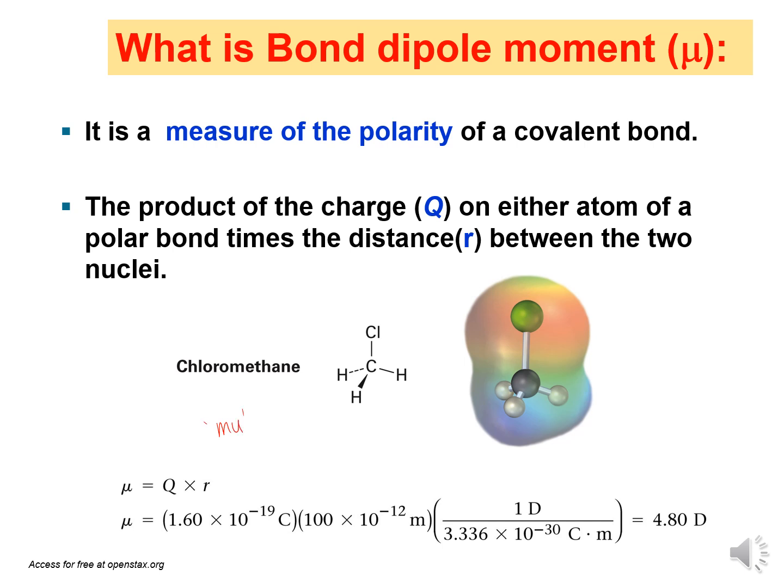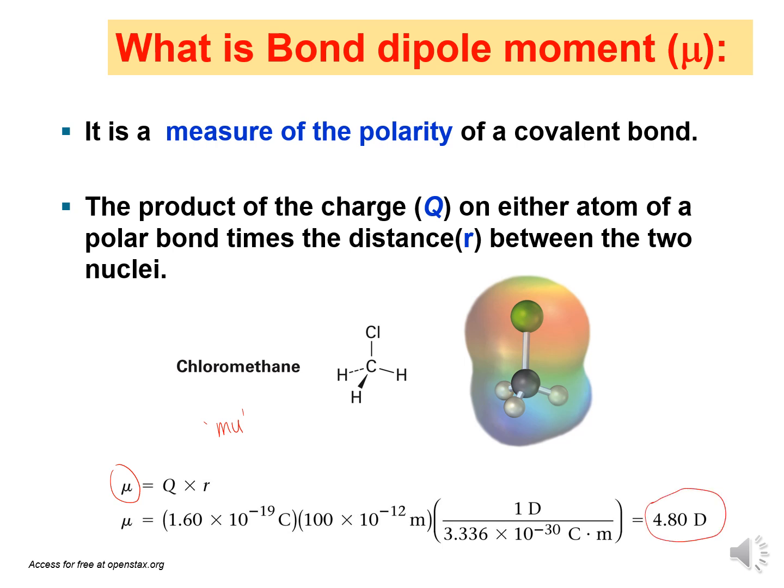It is calculated as the product of the charge Q on either atom of a polar bond times the distance between the two nuclei. You multiply the charge times the distance, and that will give you this mu value. Here in the case of chloromethane, the mu value is 4.80 D.